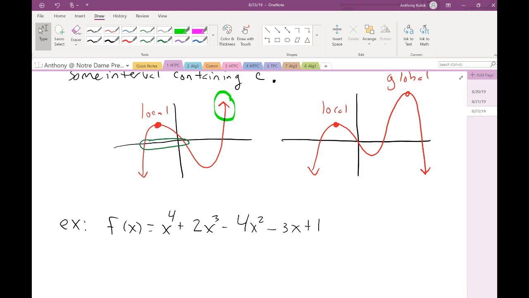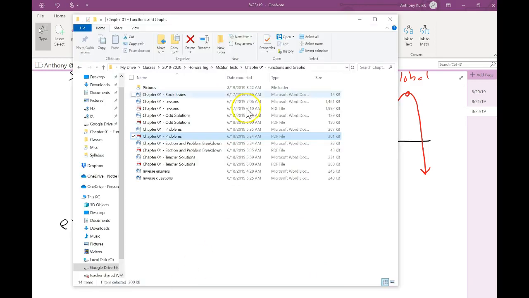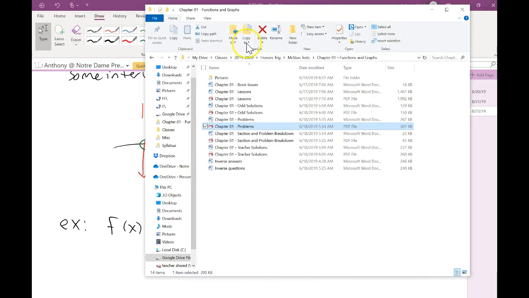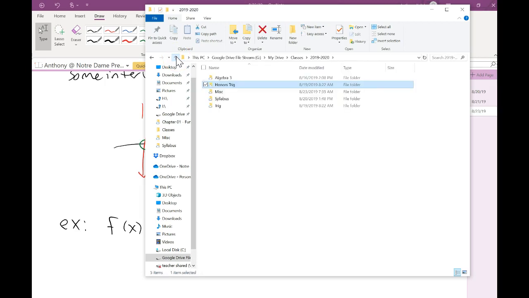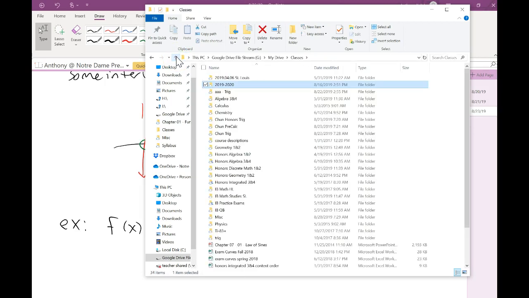If we're going to try to use a graphing calculator, what function are we going to have to use to find those extrema? You're going to need to use the min and max commands.